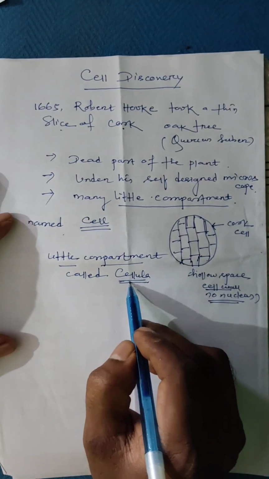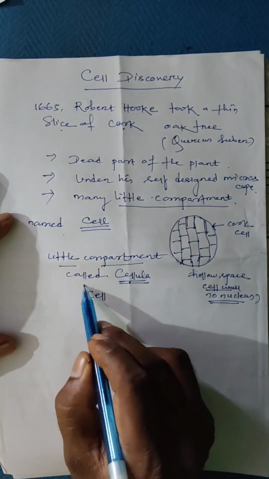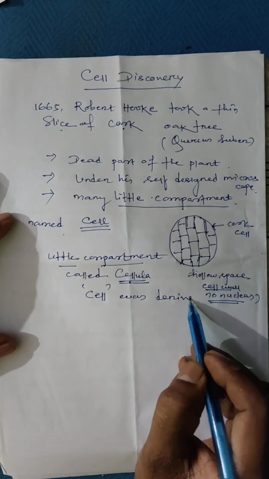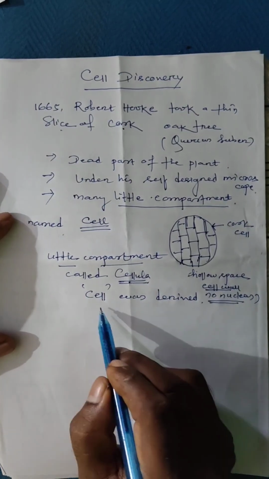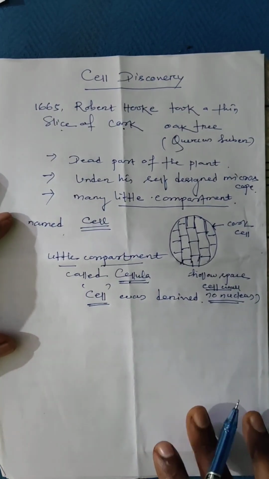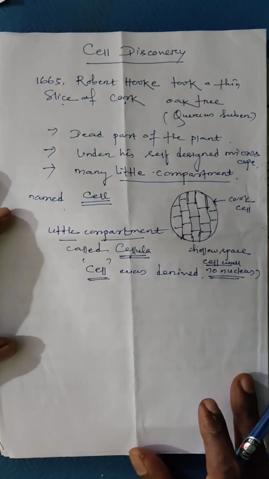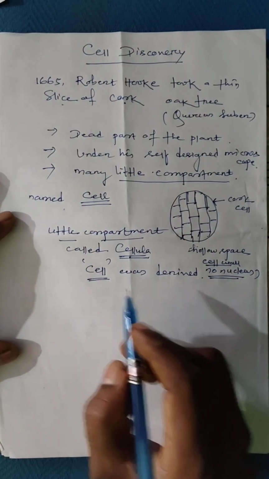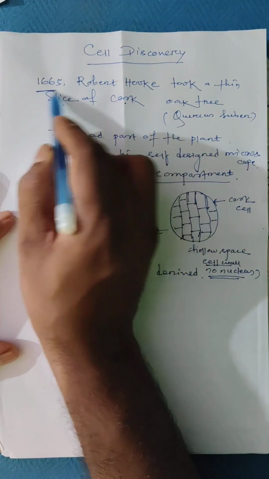From the term cellula, the term cell was derived. So Robert Hooke was the first to coin the term cell. In this way, the first cell was discovered, and it was a dead cell discovered by Robert Hooke in the year 1665.